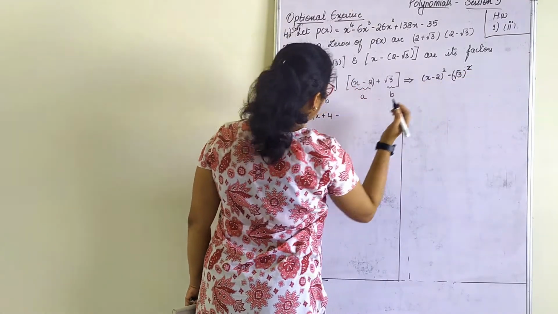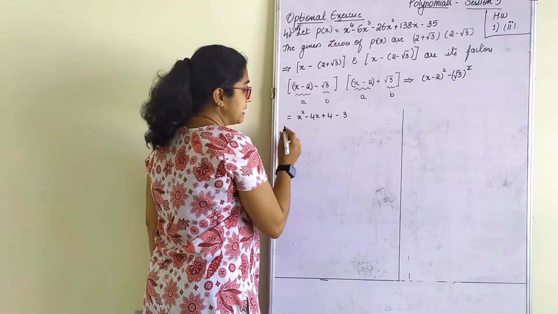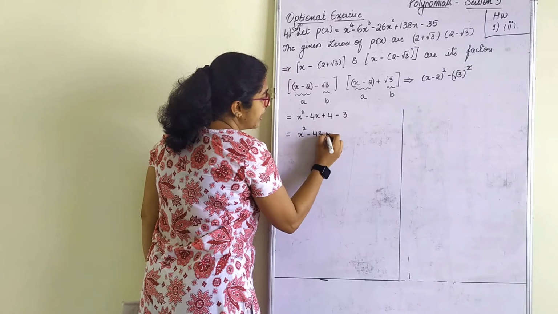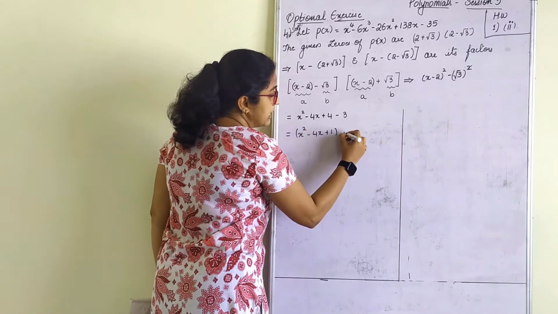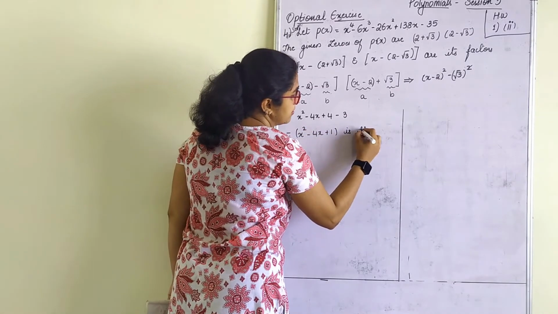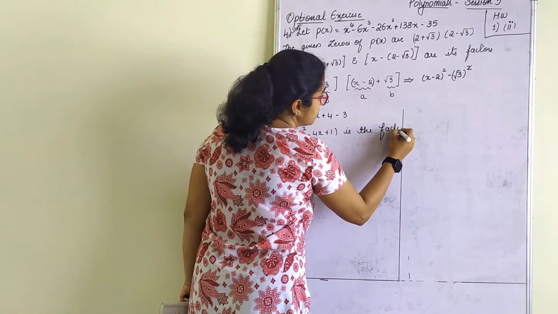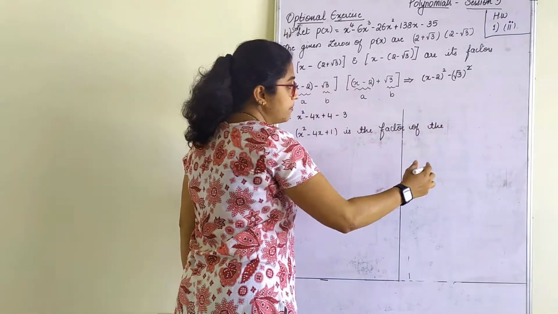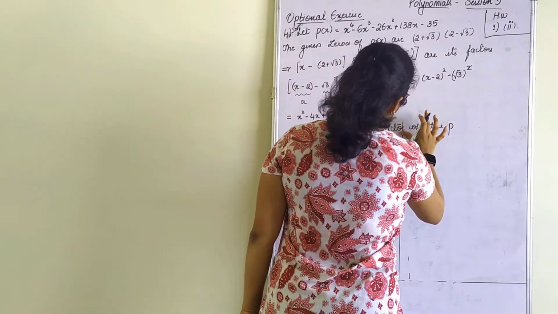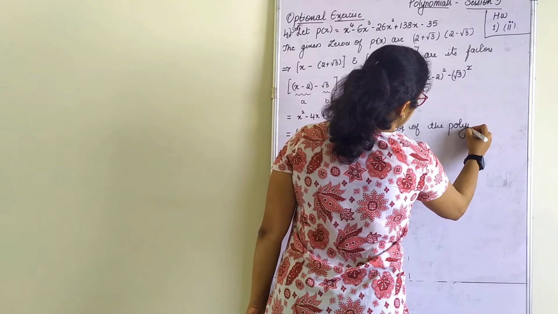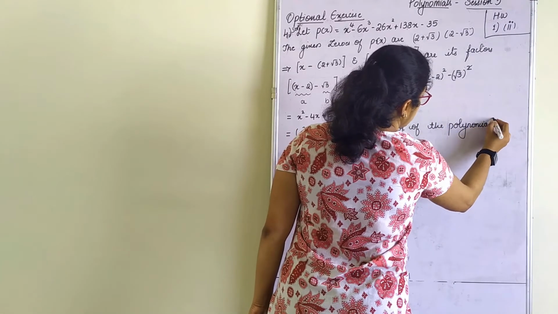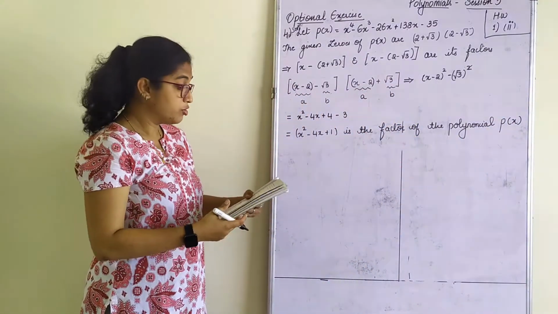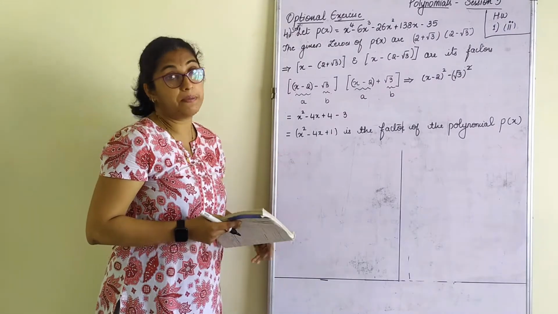So square and root will get cancelled. So it is 3. So what will remain? x square minus 4x plus 1 is the factor of the polynomial p of x. Understood till here?